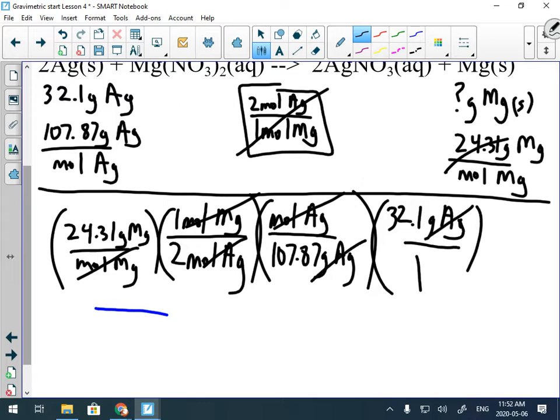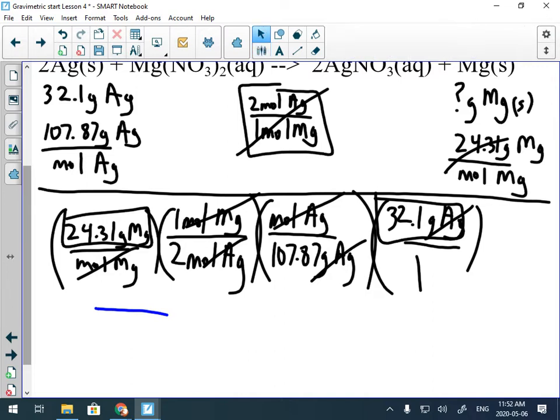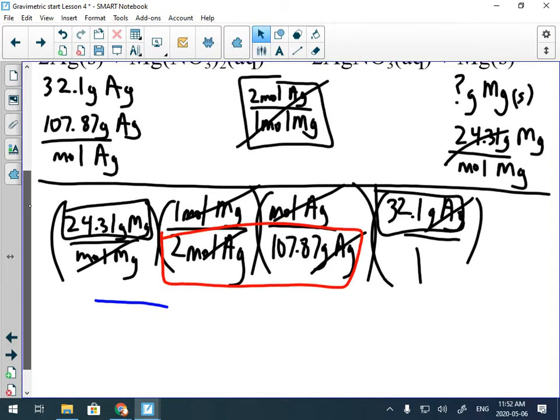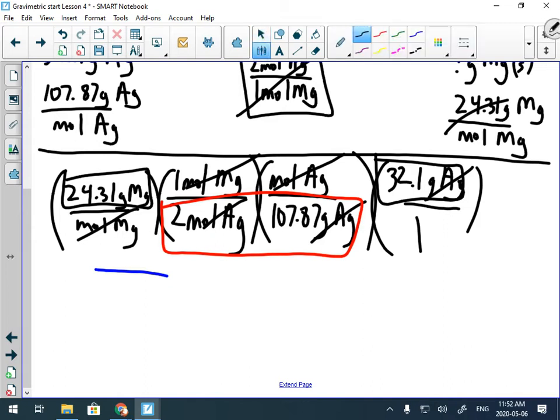Awesome. Now, as things get a little bigger, you're going to find these are the numbers that I have left on top, right? So I'm multiplying those together, and I'm going to divide those by these 2 on the bottom multiplied together. So what that might look like on a calculator is you could go brackets 24.31 times 32.1 close brackets, divide by open brackets 2 times 107.87.